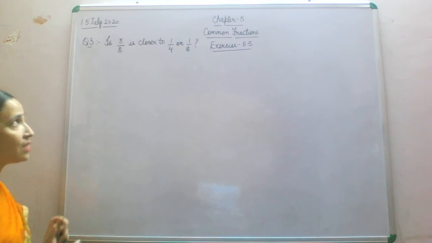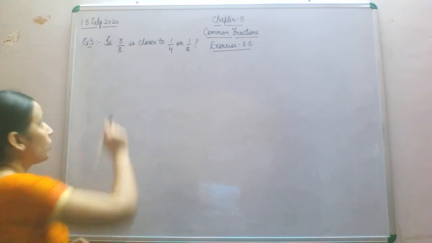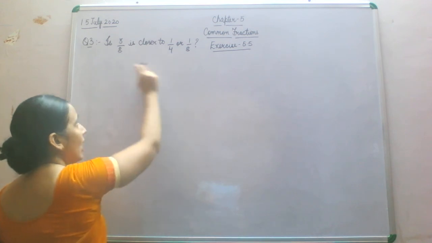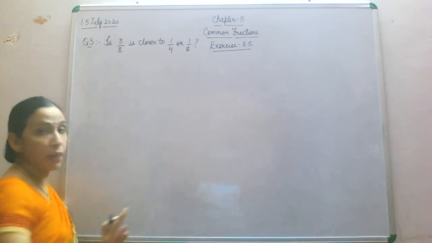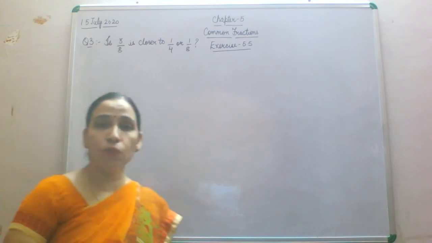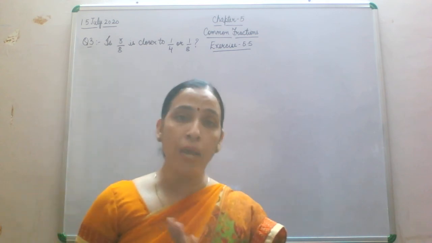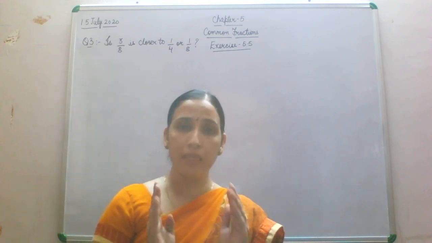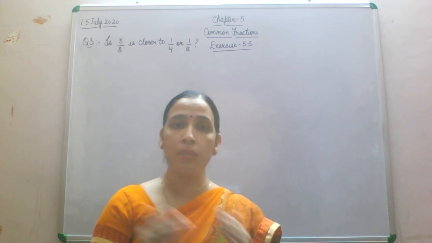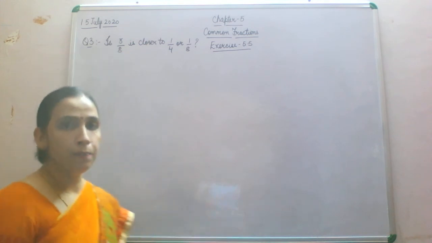Now, as we have seen in the previous question, 3 by 8 is going to be compared with 1 by 4 and also with 1 by 8. See, whenever we have to find the degree of closeness, then we will add and we will subtract also. That same fraction will be added or subtracted. Fine. So let's find it out here.